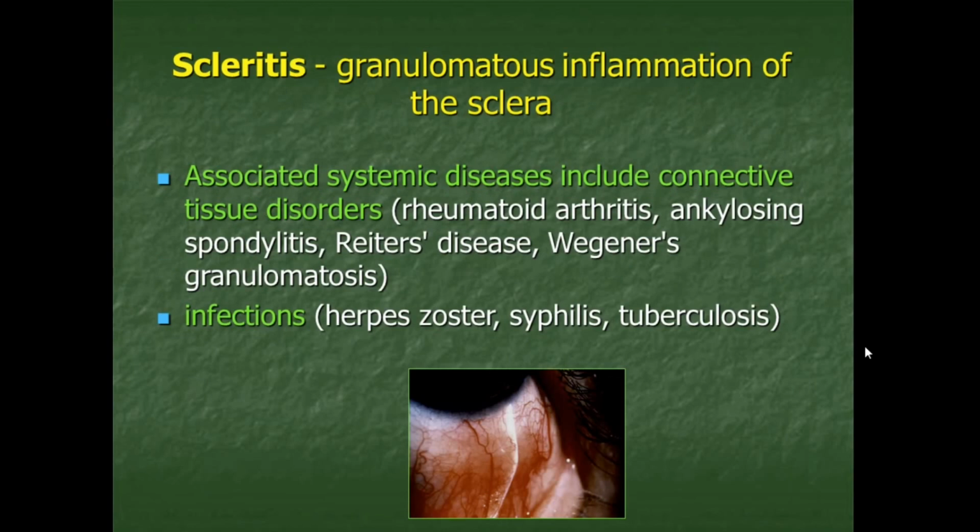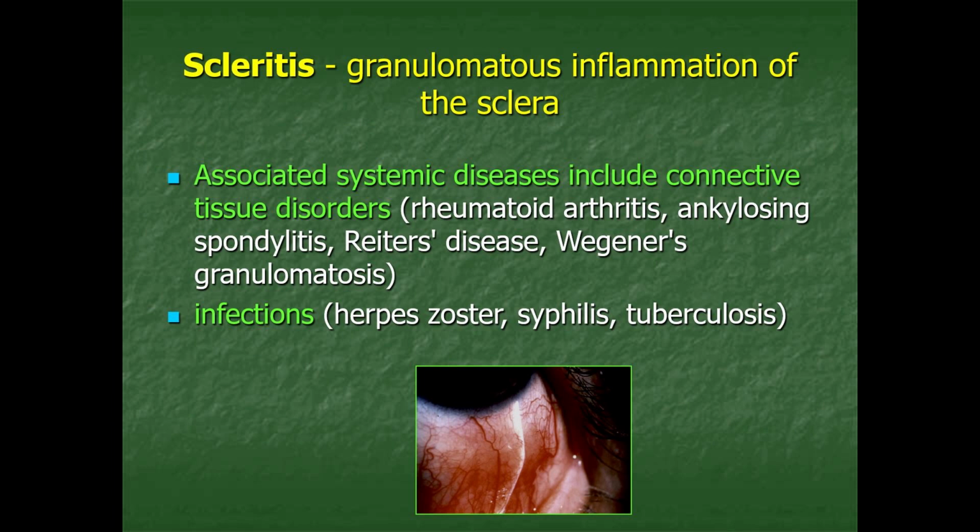Scleritis is a deeper inflammation than episcleritis. Scleritis is a granulomatous inflammation of the sclera. Usually scleritis is associated with systemic diseases like rheumatoid arthritis, ankylosing spondylitis, Reiter's disease, Wegener's granulomatosis, or infections like herpes zoster, syphilis, tuberculosis.